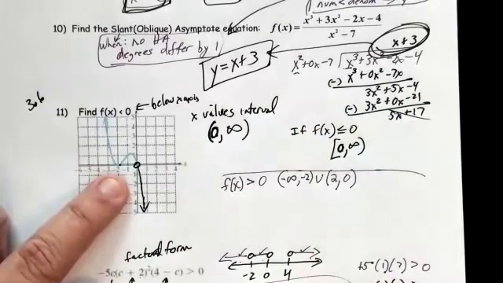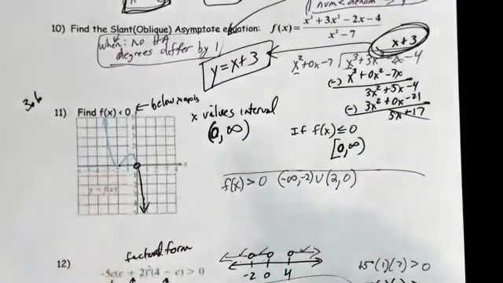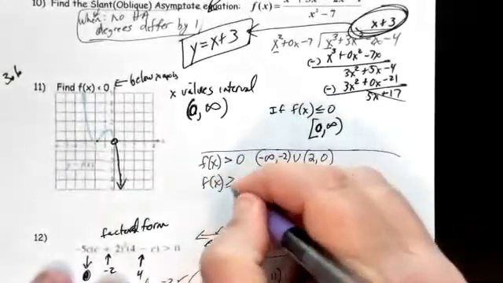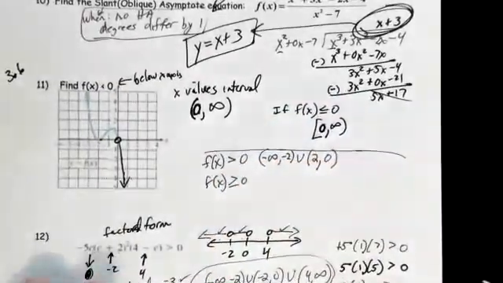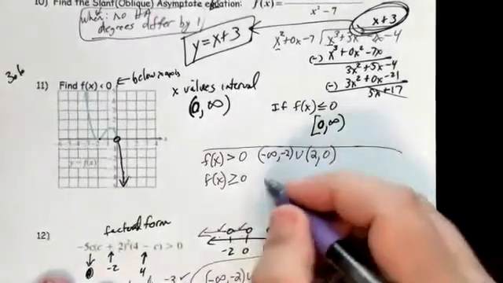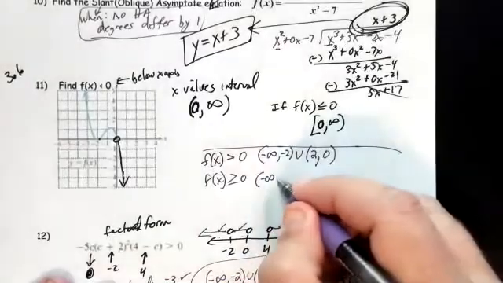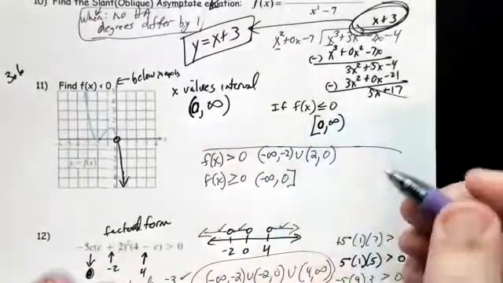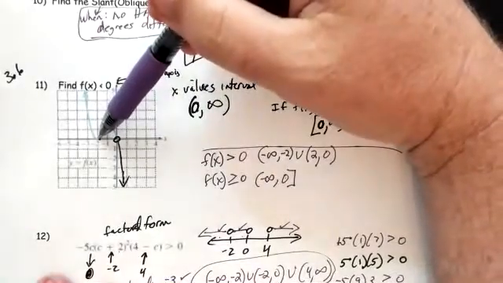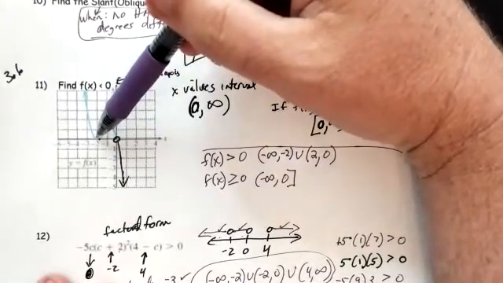Now, the weird thing about this is if it was f of x is greater than or equal to 0, I wouldn't just lock this in. I could now say negative infinity all the way to 0, because if it's greater than or equal to 0, that -2 now is equal to 0, so that now counts.